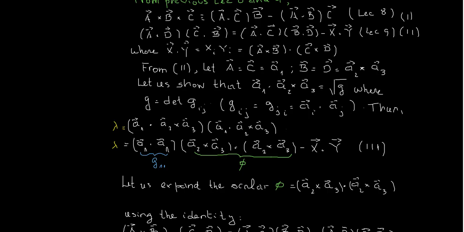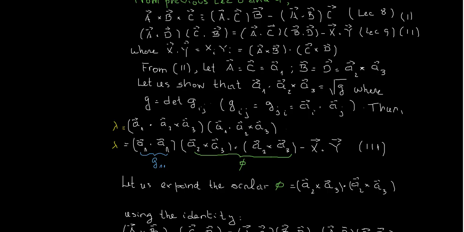Now, lambda is G11 by definition, because Ai dot Aj is Gij, so this is A1 dot A1.